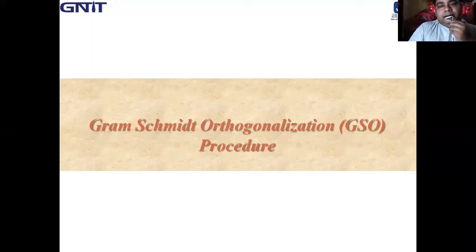Now today, we start from the Gram-Schmidt orthogonalization procedure. In that procedure, actually signals are given, and we have to find the basis functions, or construct the basis functions.